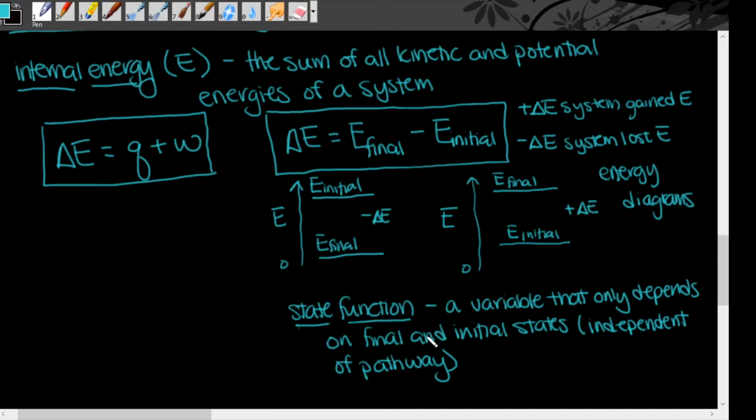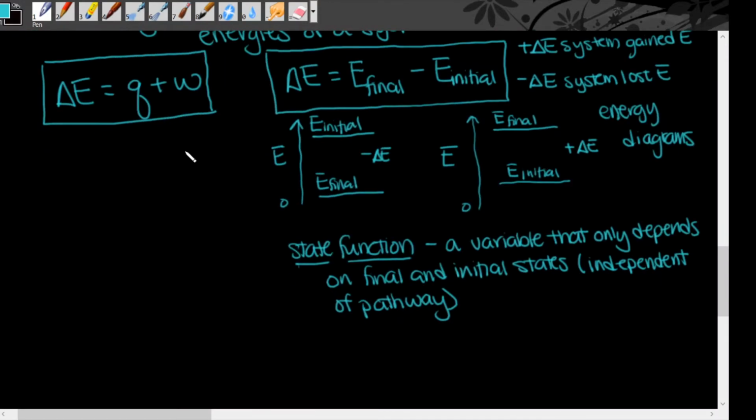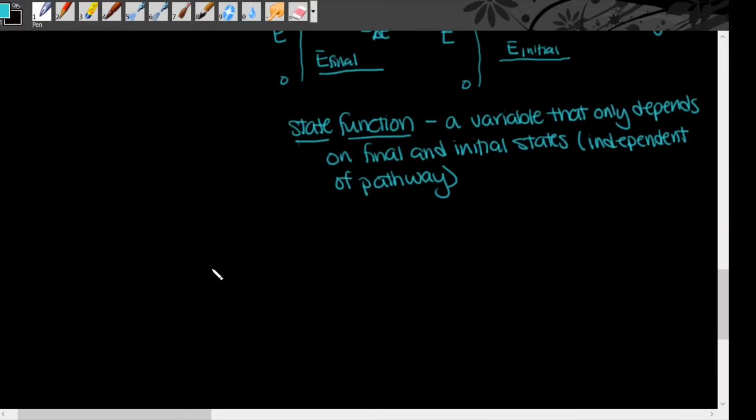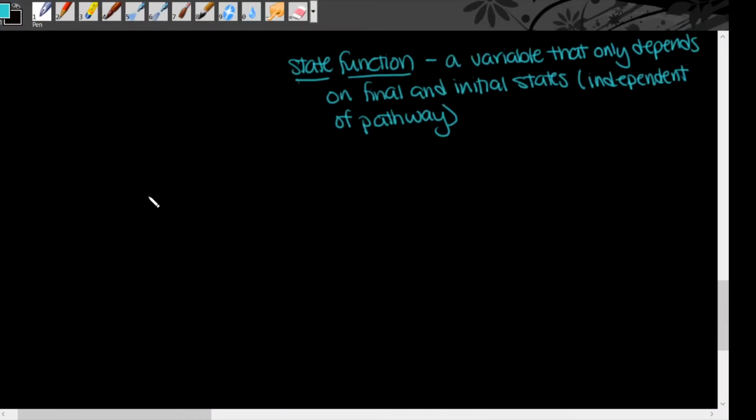Okay, enough about state functions. Let's talk about signs. I don't think I made a separate section for this. I did not, but let's just draw. I'm going to leave a little space here to do a little practice problem. And let's talk about signs of heat and work down here. Signs of heat and work.